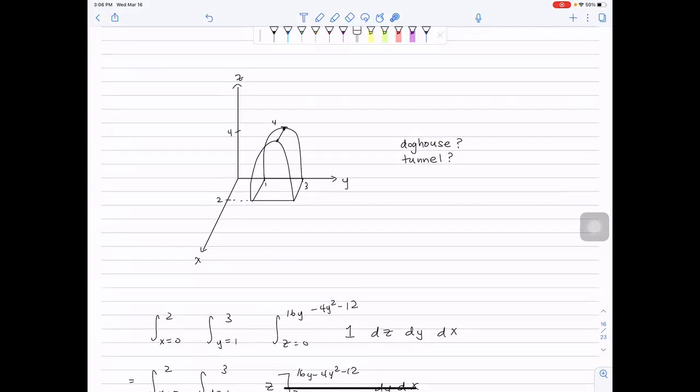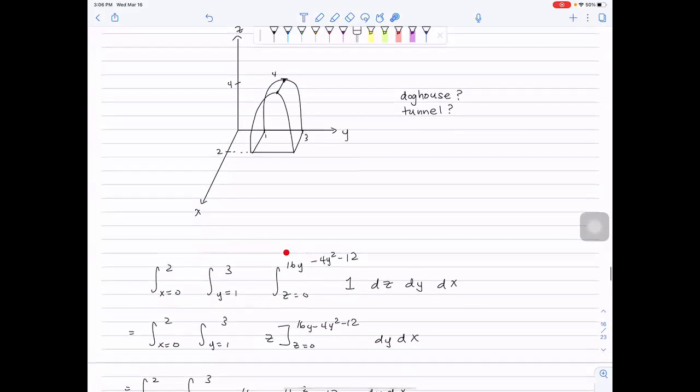And that cutout was this cutout here. So Y, if we draw a line in increasing Y, enters at 1, exits at 3. Out of all those lines, X, smallest value is 0, largest value is 2. And so this would be your triple integral.